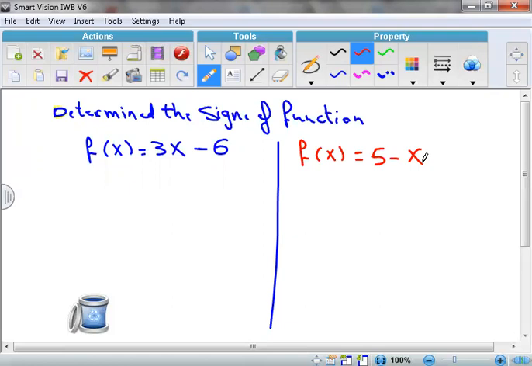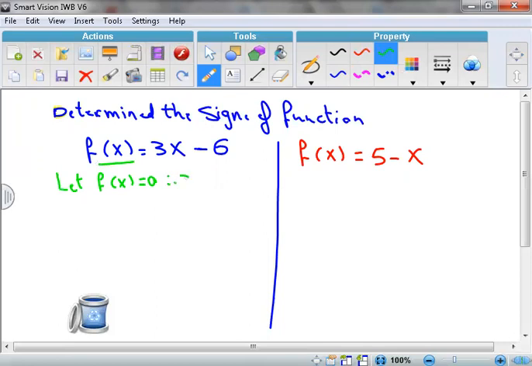The first one, I find the solution set of f of x equals 0. Let f of x equal 0.